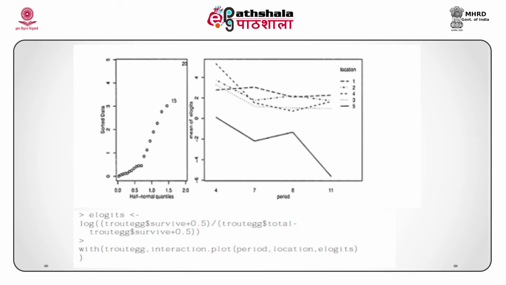To do this, we shall calculate an empirical estimate of the dispersion scale parameter, and here we have obtained it as sigma squared, which is the sum of residuals, in this case Pearsonian residuals, divided by the sample size.